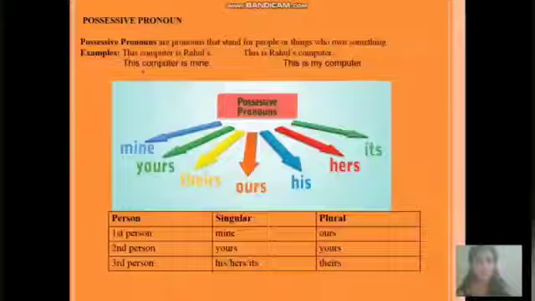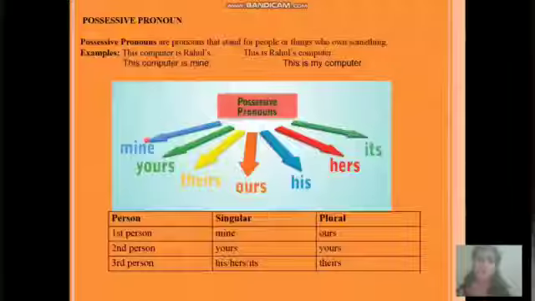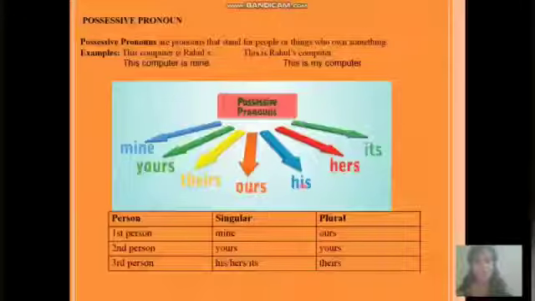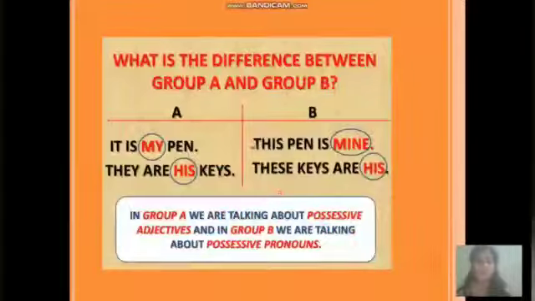This computer is his. This computer is hers. This computer is its. So all these pronouns, mine, yours, theirs, ours, his, hers and its, show belonging or possession, that someone owns something. So all these pronouns are called possessive pronouns. Now let us look at the difference between possessive adjectives and possessive pronouns.